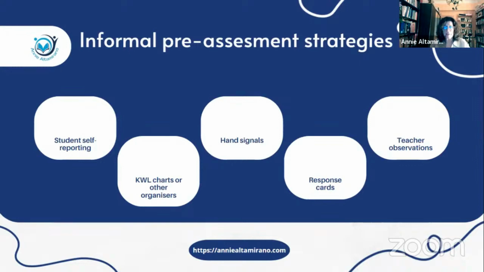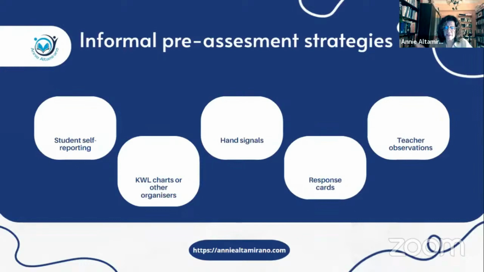But we have other means, yes? For example, KWL charts or other organizers, such as concept maps or Venn diagrams. Hand signals like thumbs up, down or sideways, showing 1 to 3 fingers, so that students can tell us how they feel about the content. Response cards.